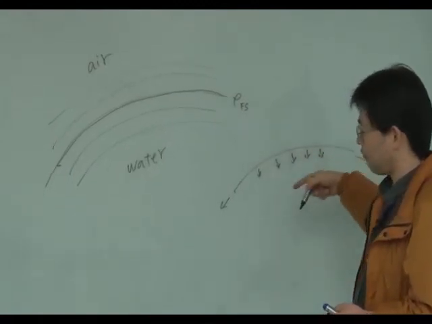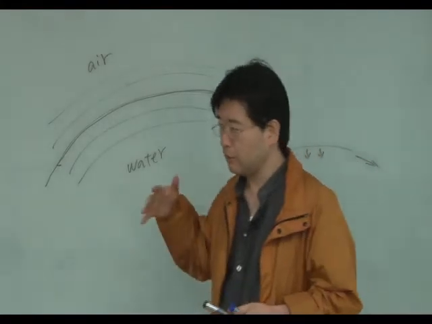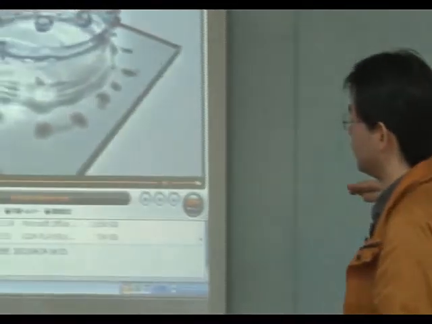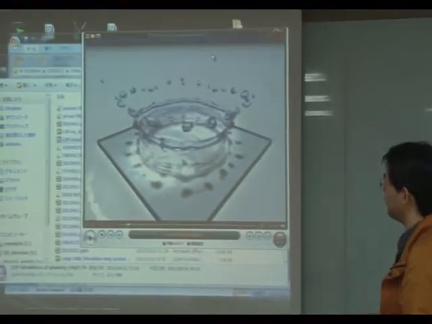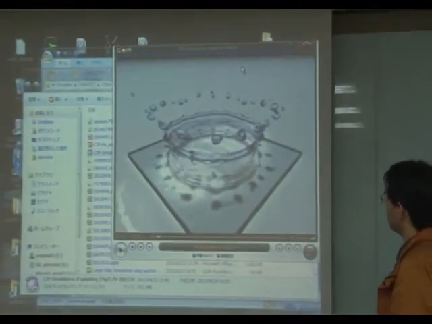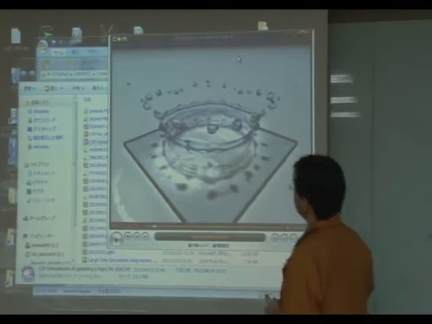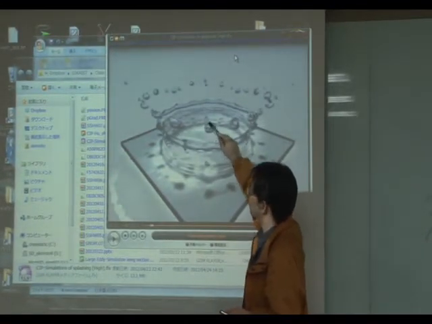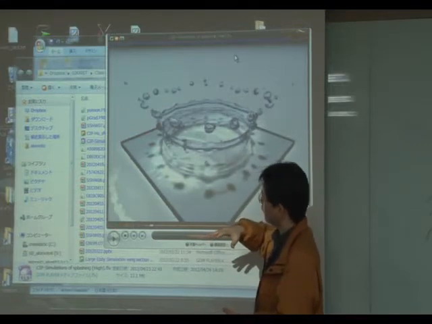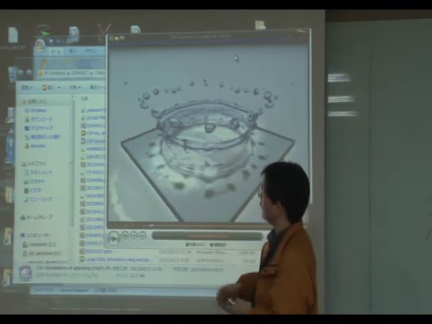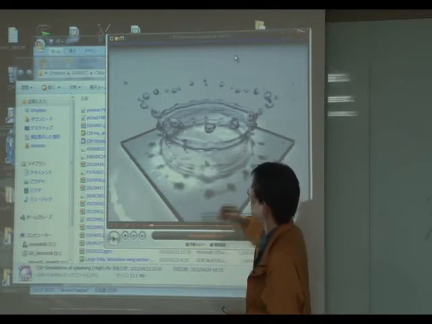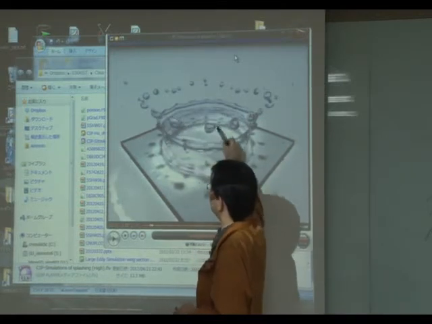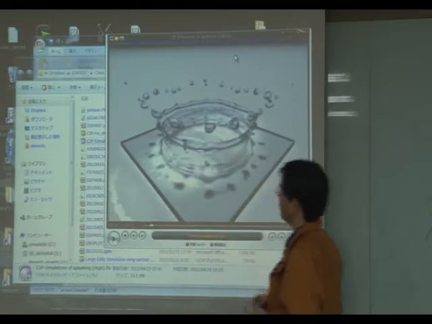So it causes force towards the inside of the fluid drop. So it provides covering of the water mass, and the result is this sphere-like shape of drop.